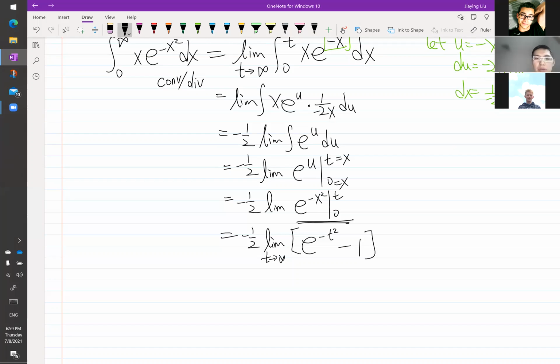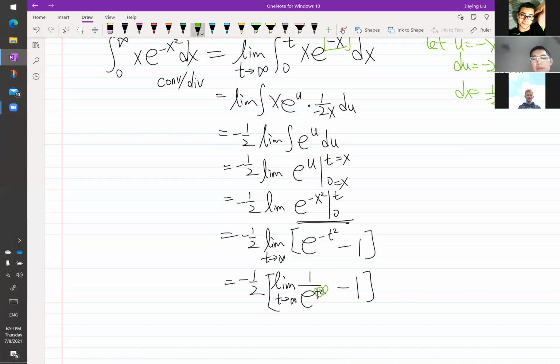The 1 is always a 1 when we take the limit as t goes to infinity. What about the first term? If you don't see it immediately, you can rewrite it as 1 over e to the t squared as t goes to infinity. That might be easier to see. And then minus 1. Next step is to take the limit as t goes to infinity. t squared is also going to infinity, right?